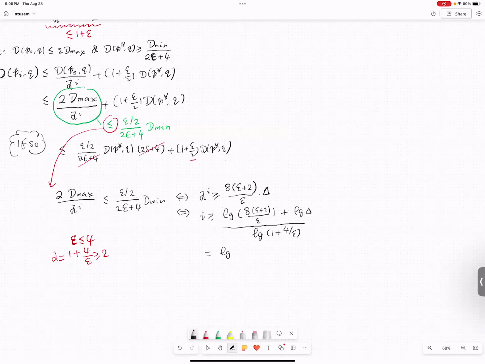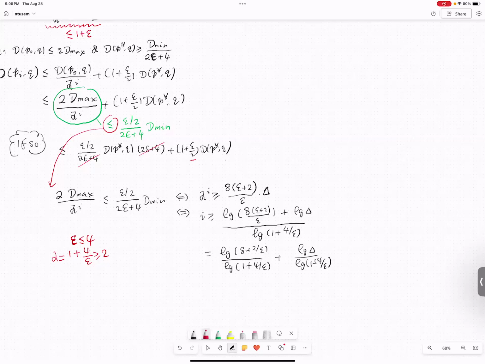So the first term, let's work on this fraction here. This is essentially just 8 plus 2 over epsilon, and then we have this log of 1 plus 4 over epsilon here, and then we have log delta, and then this log of 1 plus 4 over epsilon.